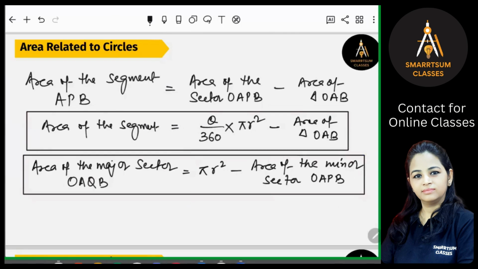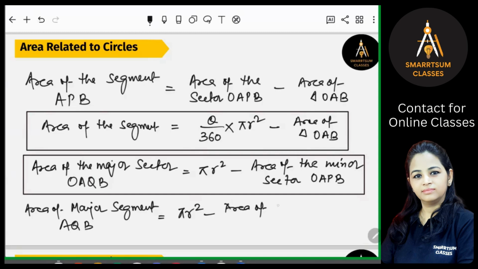Okay. Now similarly, if we have to find the area of the major segment AQB, this is equal to pi r square minus area of the minor segment, that is APB, right?